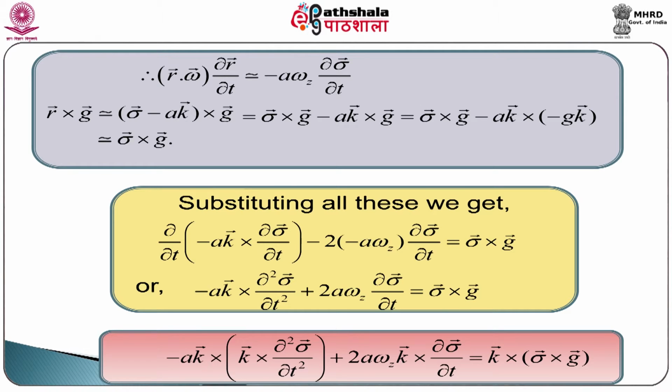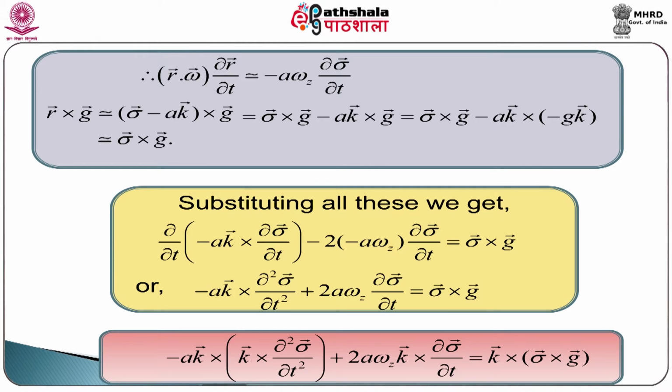Please note that we are considering z direction vertically upwards, whereas acceleration due to gravity acts downwards. So, we have negative sign here. K cross k vanishes since the cross product of same vectors vanishes. So, we get r vector cross g vector is approximately equal to sigma vector cross g vector.